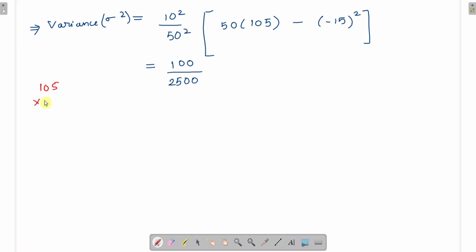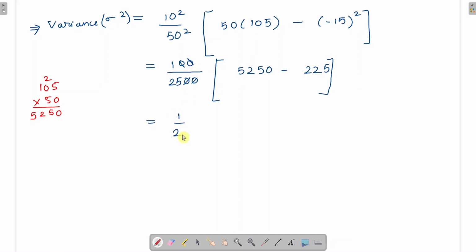Okay, then 105 times 50, so 0, 2 and 5, 5250, and let us calculate 15 square is 225. So 5250 minus 225, so this is equal to, so these zeros will get cancelled here, right?